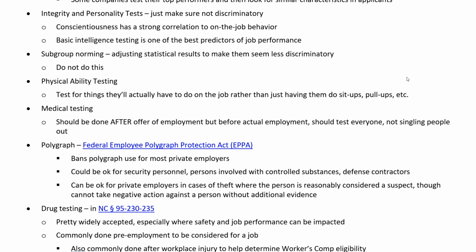But let's say you're applying for a firefighter position and you need to demonstrate that you can carry this hose up 10 flights of stairs or whatever it might be, then we'll just have them do that thing rather than saying, all right, can you deadlift 400 pounds? That's going to be very discriminatory against women specifically. So just make sure that we're testing for what they're actually going to be doing.